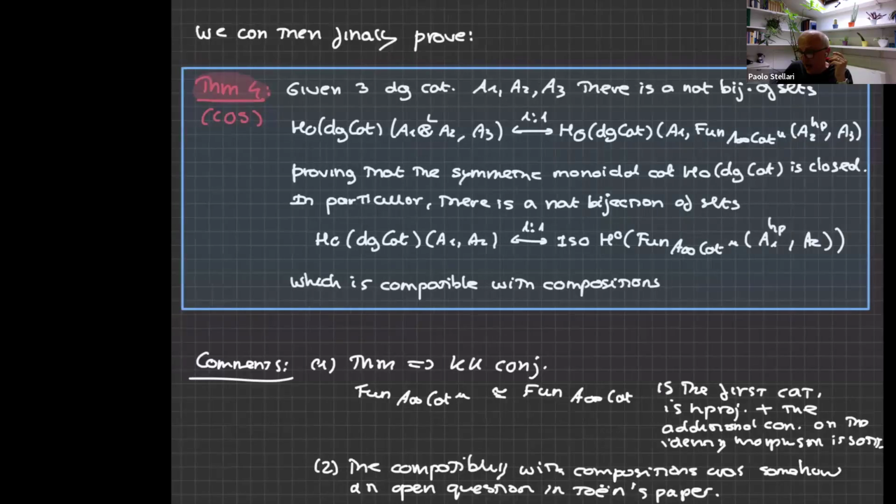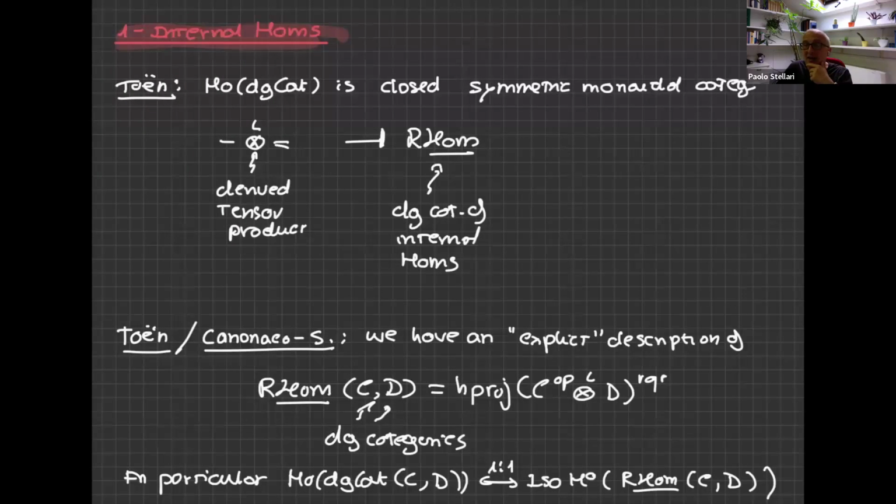You can easily guess why, because if you look at the internal Hom described as H projective bimodules with some additional requirement on the image, so this requires the representable condition, then you can easily imagine that the composition in the first category will be replaced by a sort of convolution between bimodules. And then checking that all the bijections are compatible becomes a little bit messy. So you don't really want to deal with such computations.